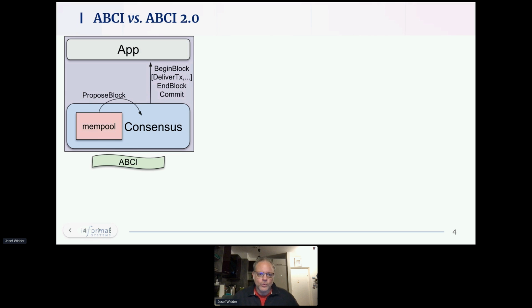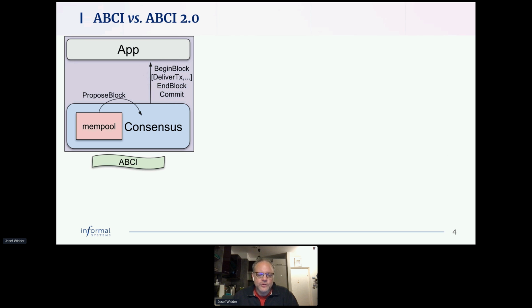Once the validators have decided on the next block, the block is passed to the application, and then we have begin block, deliver transactions, end block and commit. So there's not much interaction. The application just takes the transactions that are generated by consensus.